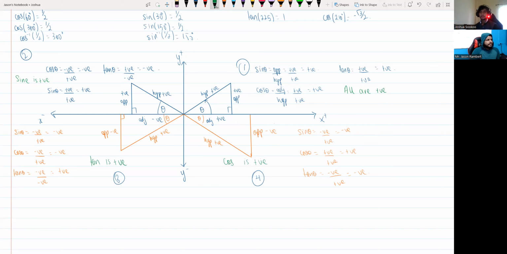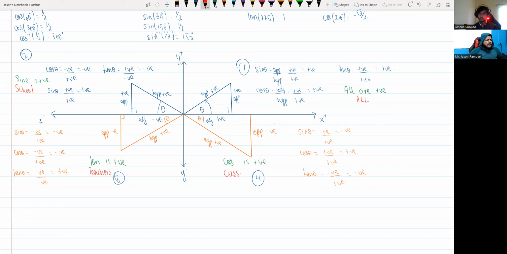And there's a little acronym that we use to try to remember which of these are positive where. The acronym is: All School Teachers Cos.